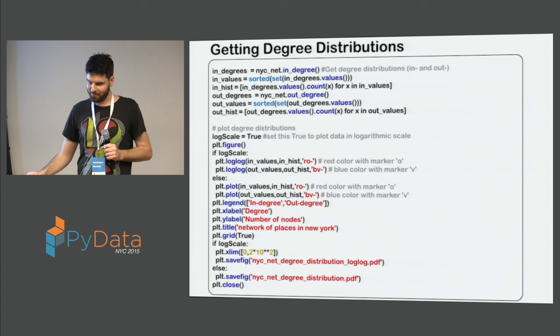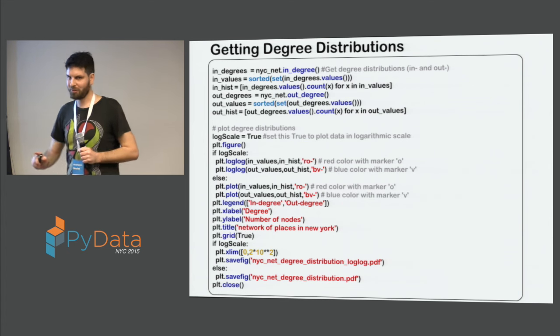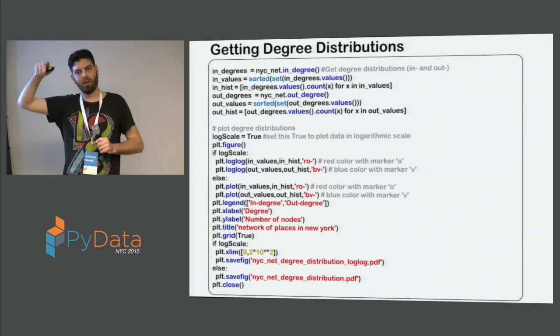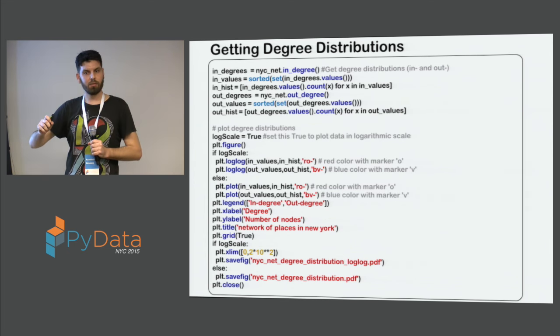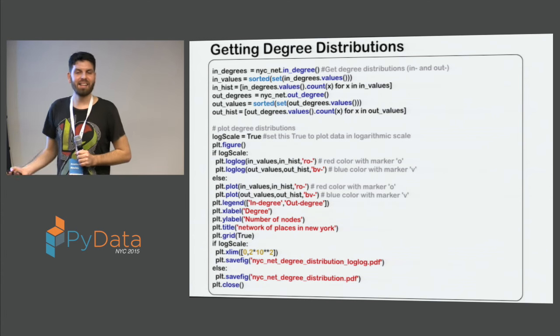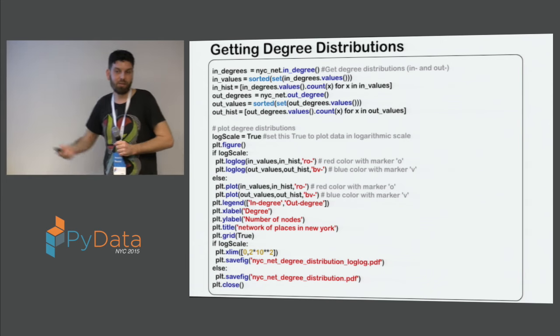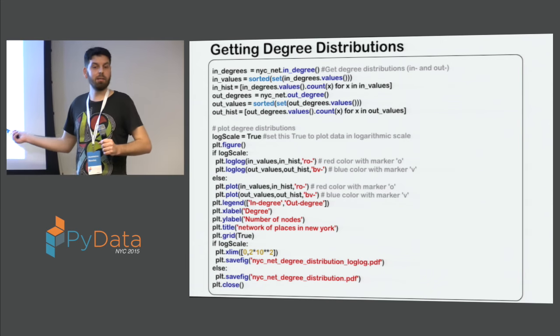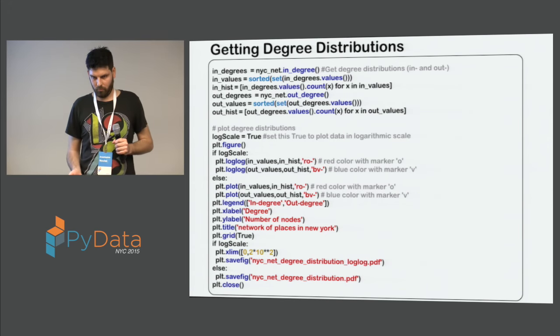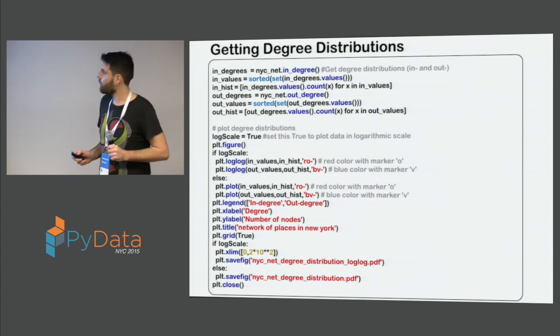Direct paths. Yeah, not shortest. Shortest paths is a different notion in networks, as it can include multiple hops from one node to the other. Whereas here, for example, if you have 10 friends on Facebook, I'm really sorry about you, but then your degree is 10. If you have 1,000, then your degree is 1,000. So it shows the distribution of the degrees of all the places in the network. Exactly. And that's what we are after here.